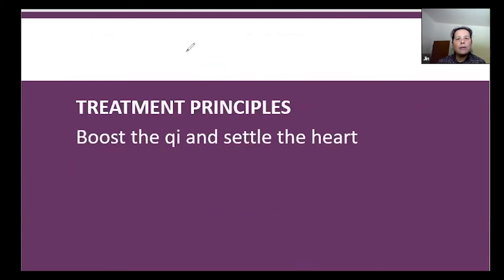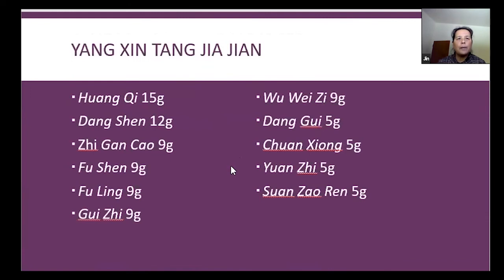And for the treatment, certainly we need to tonify heart qi and relieve pain, because this illness mainly causes chest pain. The formula we use here is yang xin tang jia jian, which means plus some herbs and minus some herbs, but it is mainly for tonifying heart qi.